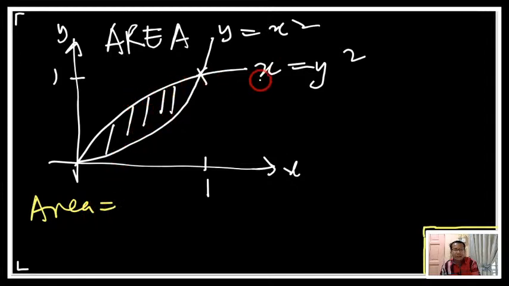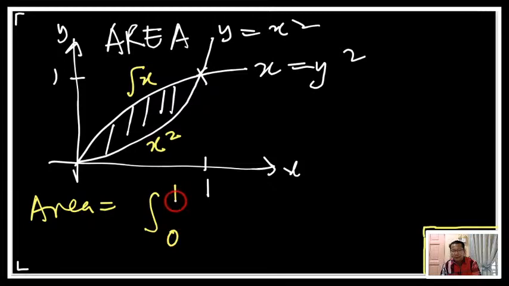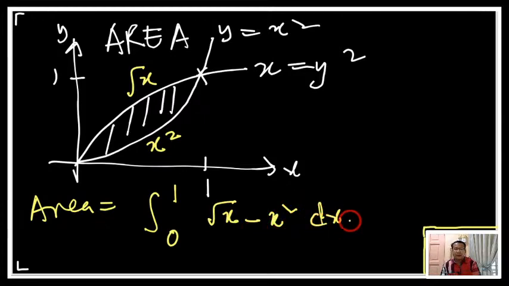The top function is y equal to square root of x. So this one is integration of 0 to 1, square root of x minus x squared dx. Top minus bottom. So you will get 1 over 3.